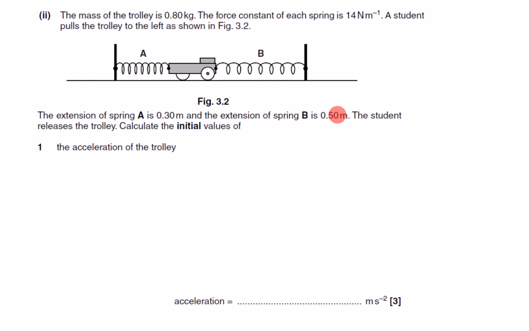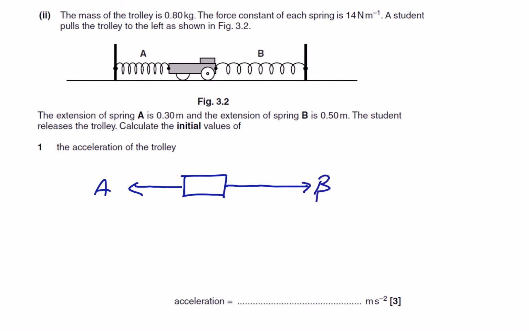And the student releases the trolley, and we've got to calculate the initial value of the acceleration of the trolley. So what we've got effectively is A pulling it in this direction, and B, because it's extended more, will be pulling it in this direction but with a greater magnitude.